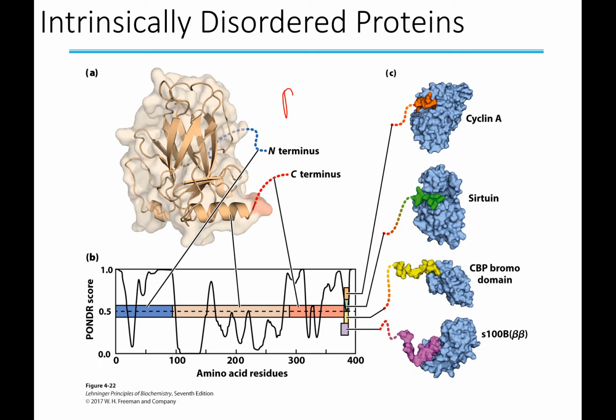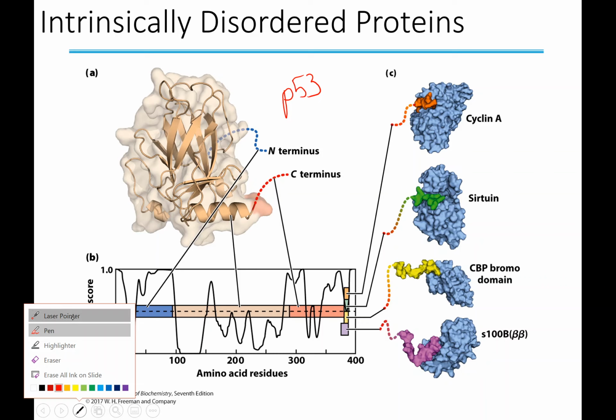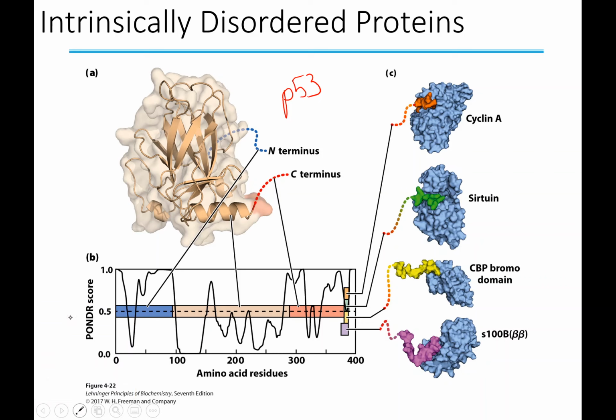Okay. So this is P53, which is not labeled in the figure. And on the N-terminal and C-terminal of P53, there are these intrinsically disordered regions. And this is a plot of the Ponder score. Ponder stands for predictor of... what is that?